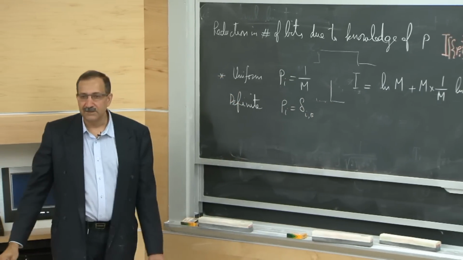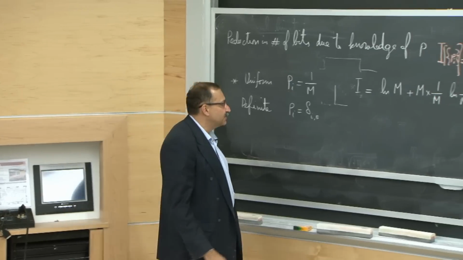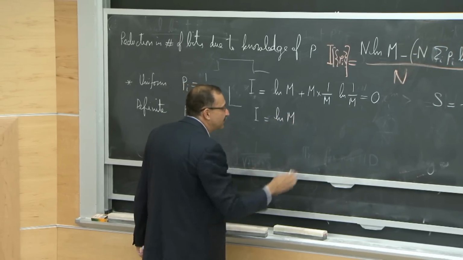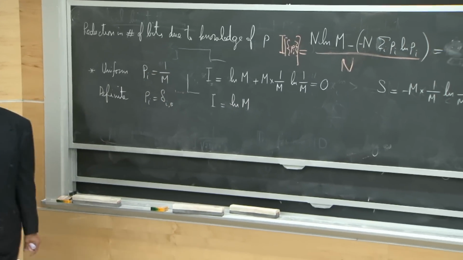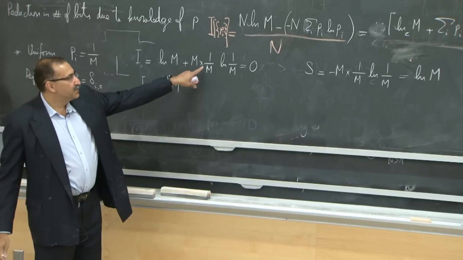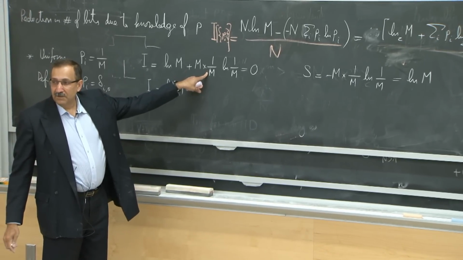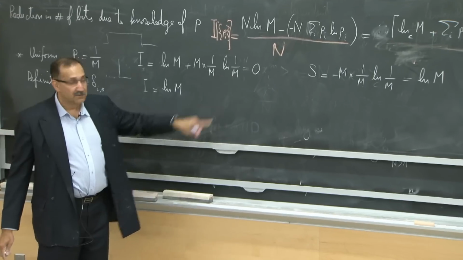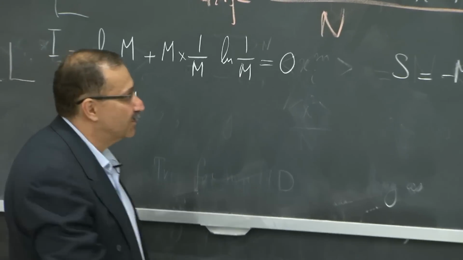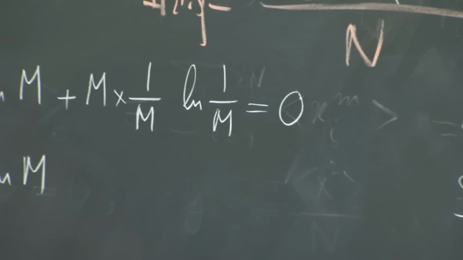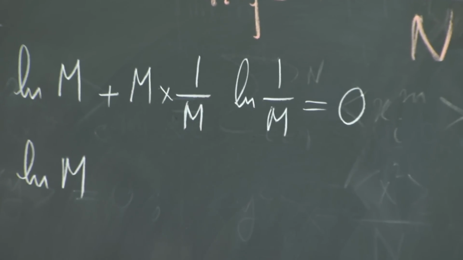All the others carry 0 probability. How much information do I have here? I have log m. Now, when I go and look at the list, in the list, either p is 0 or p is 1, but log of 1 is 0. So this will basically give me 0. Entropy in this case is 0. The information is maximal. You don't need to pass any information.